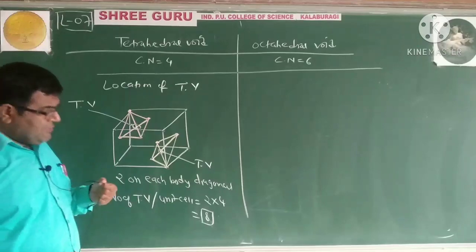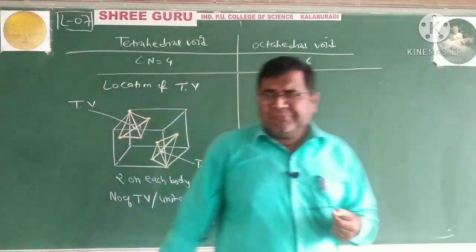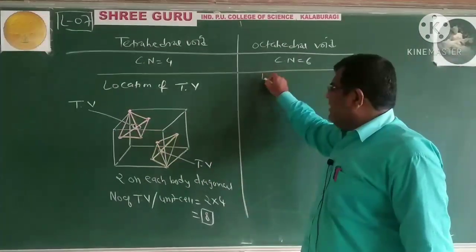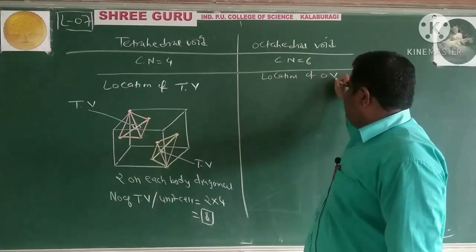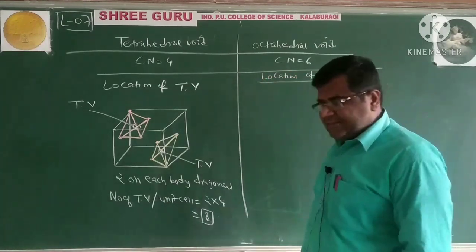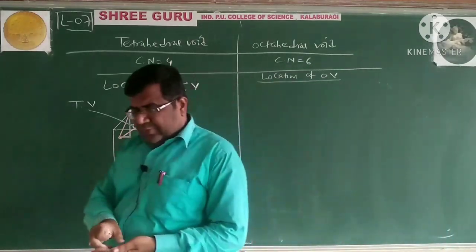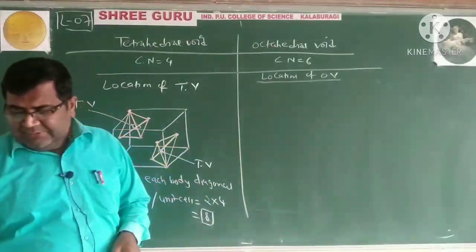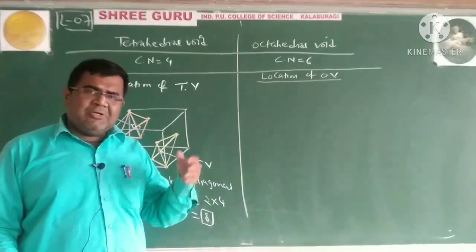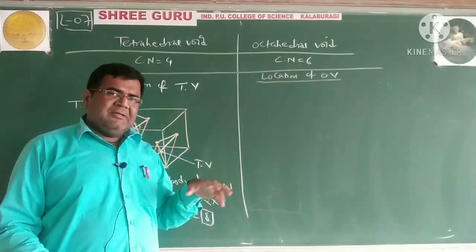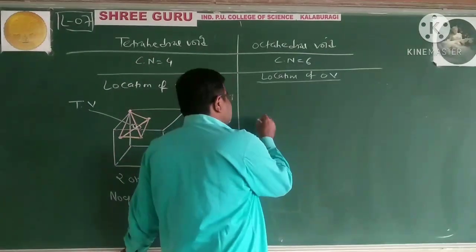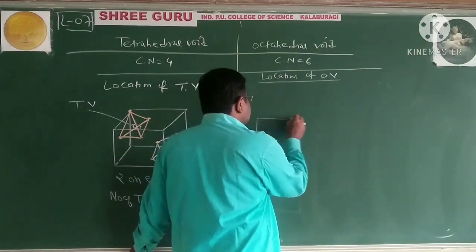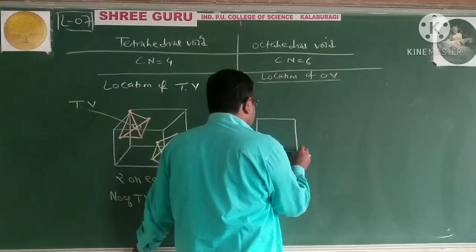Now what is the location of the octahedral void? Octahedral voids are present at 2 different locations. See these locations and their exact number, because once you understand, you will not need to remember all these things. Diagrams can be easily remembered because that can be picture memory, but of course you should draw it, then only you will remember.